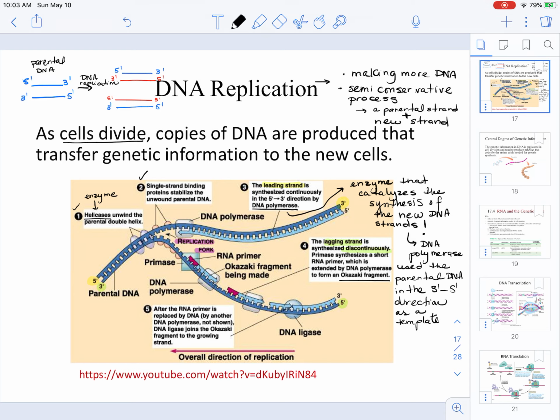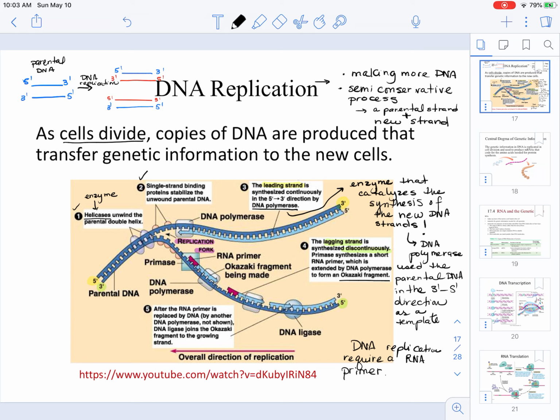One of the things that is written but not specifically mentioned in the steps is that DNA replication requires an RNA primer. So what does this mean? There is a little chunk of RNA that is added, and that is what's going to tell DNA polymerase, hey, this is where you're going to start.